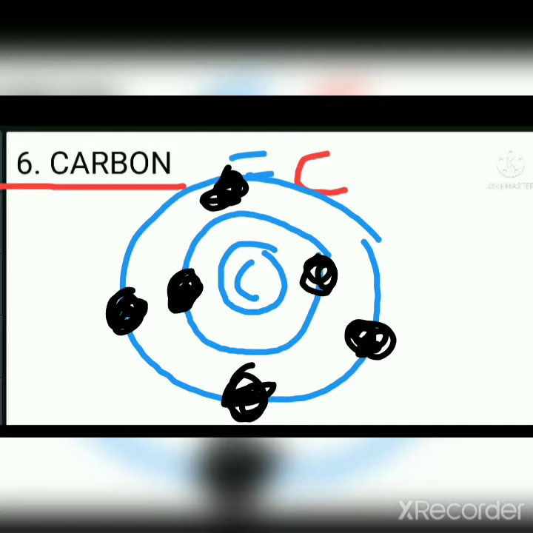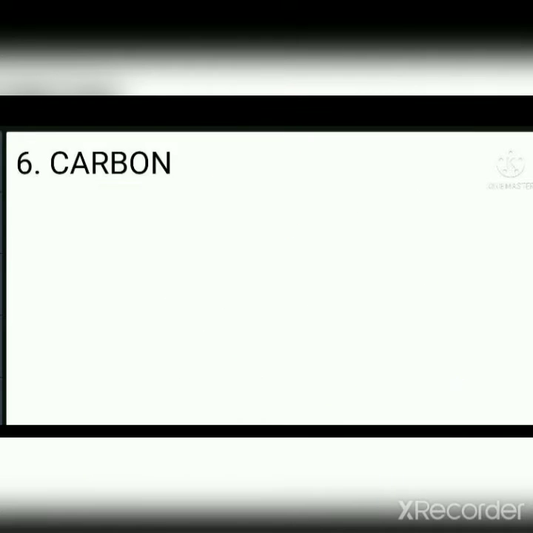This is the electronic configuration of carbon. The electronic configuration of carbon is 2, 4. Don't think that it is 24, it is 2 and 4. In the first shell you get 2, and in the second shell you get 4. So this is carbon.